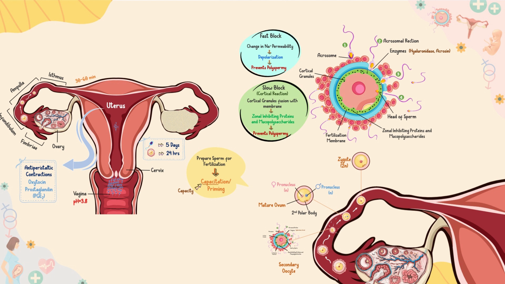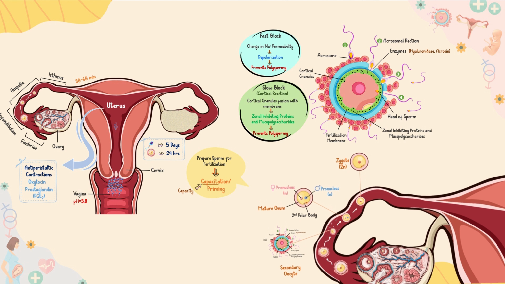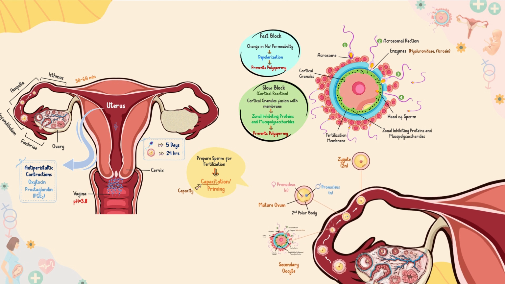Head of the sperm swells to form male pronucleus, while secondary oocyte divides to form mature ovum, and expel a second polar body. Mature ovum has a female pronucleus that fuses with male pronucleus, having 23 chromosomes each, to form a zygote with 46 chromosomes in total. And that's when the fertilization is complete.